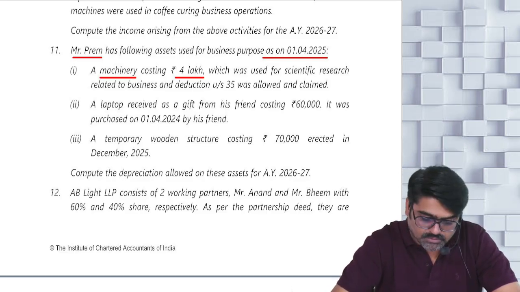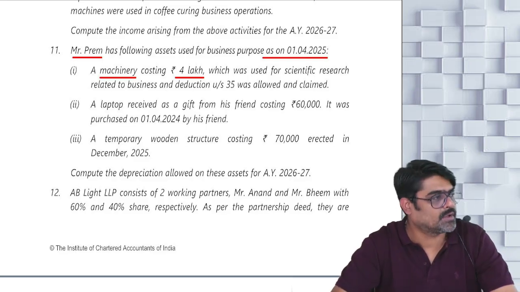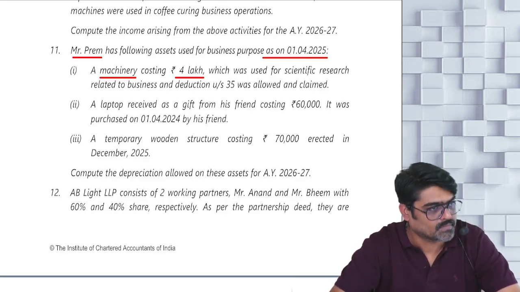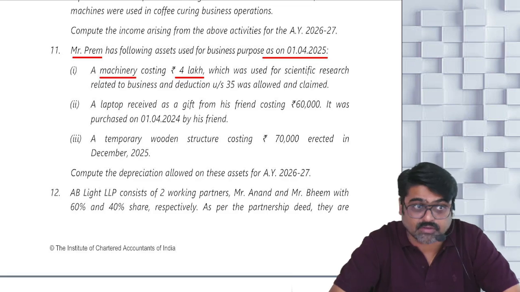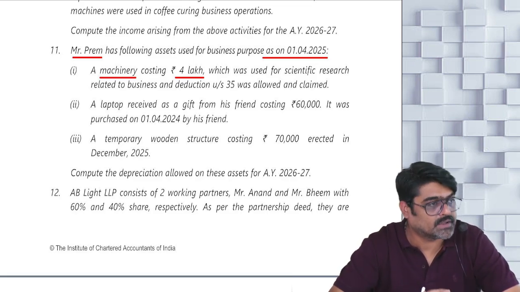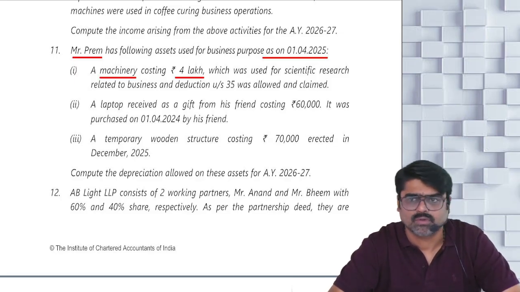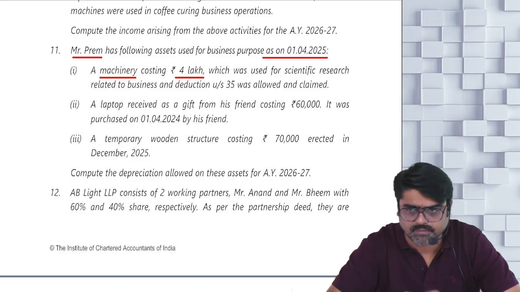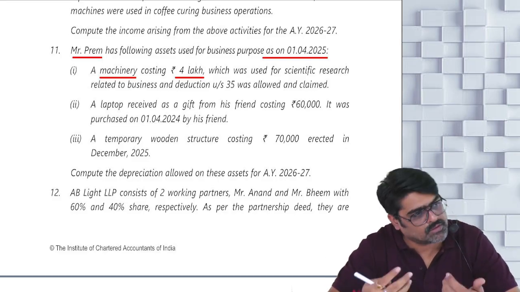He is using this machinery in his business now. The 4 lakhs cost was allowed under section 35, he claimed it and it was allowed also.